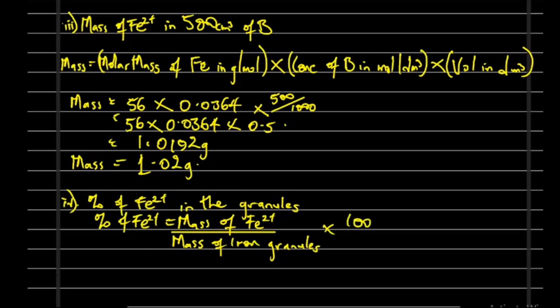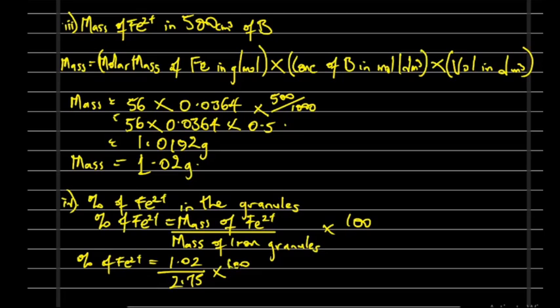So let us quickly look at our parameters. We have the percentage of iron 2 plus equal to 1.02 divided by 2.75 multiplied by 100.